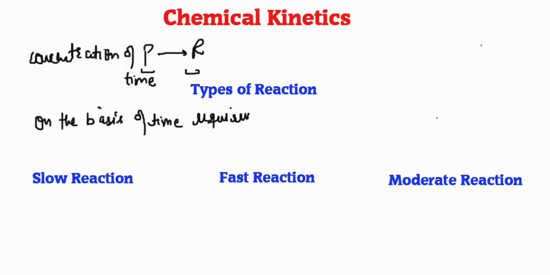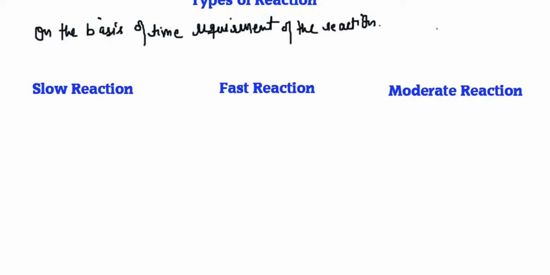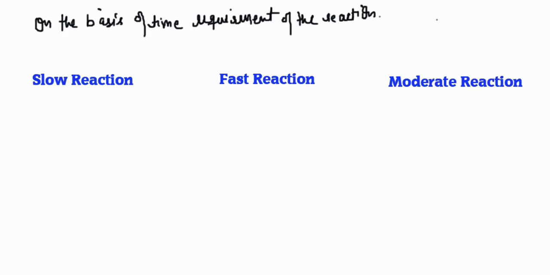Let's talk about a very basic thing: how many types of reaction do we have according to the time required for the reaction? First of all, we have the slow reaction. What are slow reactions? Those that take a very long time for appreciable change in concentration or moles of substance.